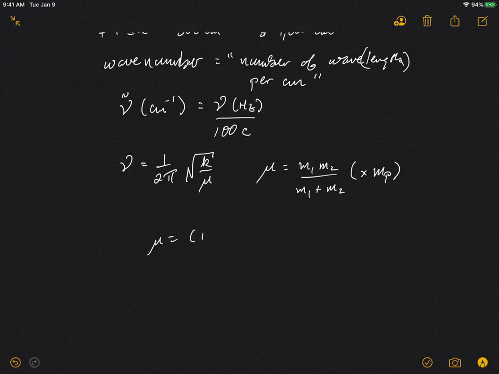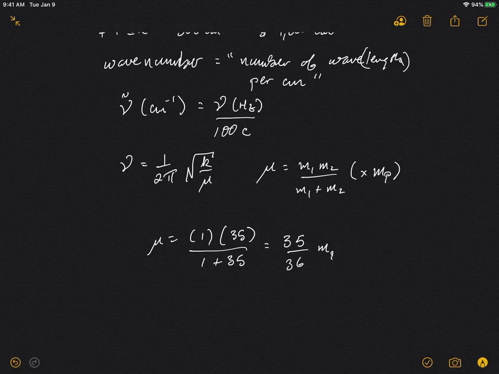Mu is going to be 1 times 35 over 1 plus 35, which equals 35 over 36 times the mass of a proton, or times the Dalton, which is 1.662.